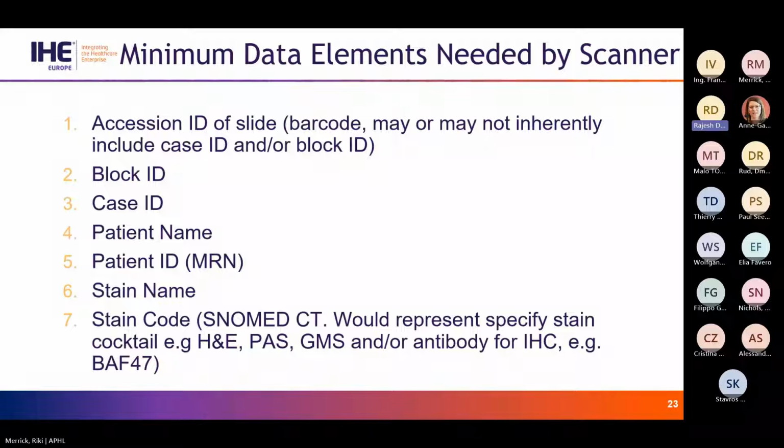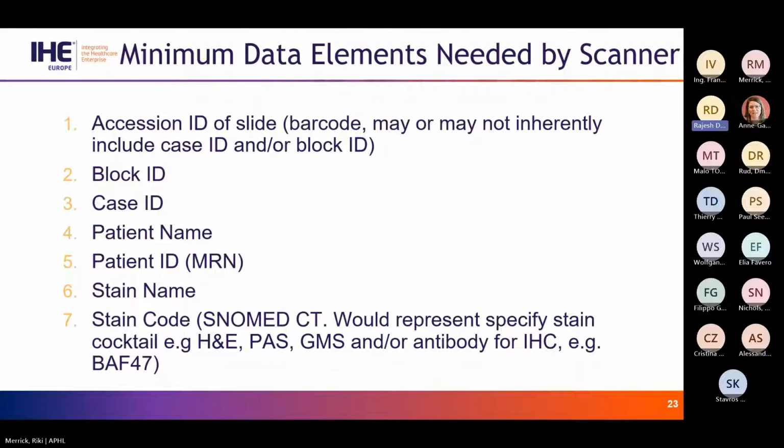And of course, this can be somewhat complicated, as it's sometimes a routine hematoxylin and eosin stain, sometimes a special stain for microorganisms, other times an immunohistochemical stain, and sometimes it's not just one antibody, but multiple antibodies that are applied in sequence in order to highlight various features of the tissue that was on the glass slide.